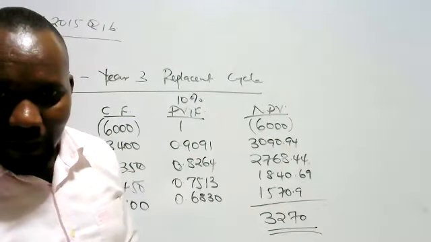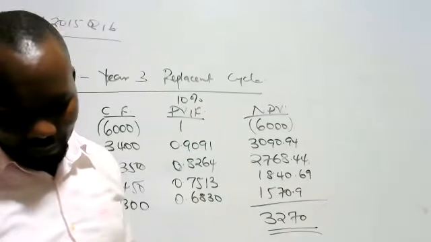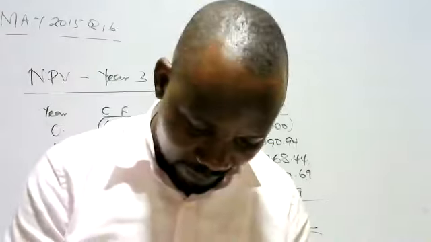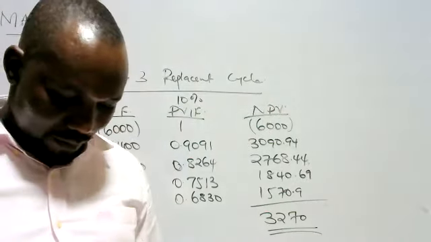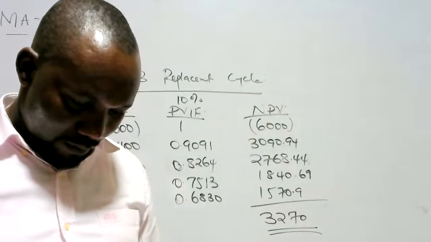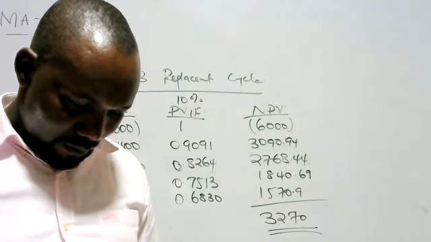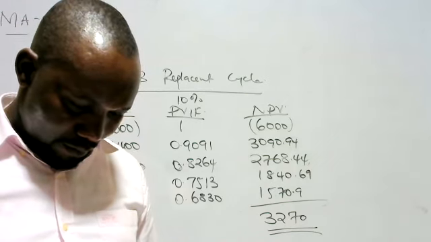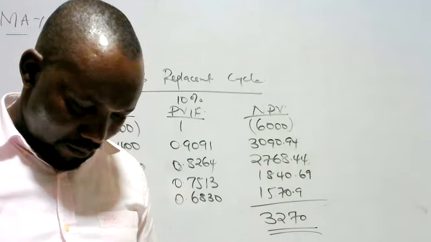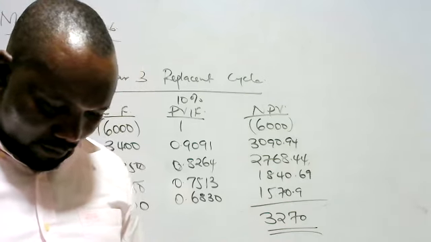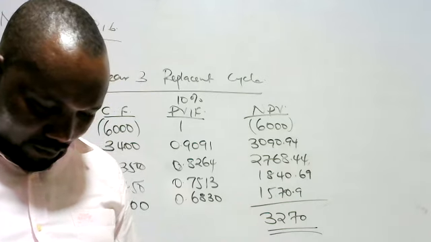That is Florence. Another person? No, sorry. First, for us to calculate, we'll have to get the annual equivalent value. And annual equivalent value is NPV for each year over the present value annuity factor at 10% for each year.